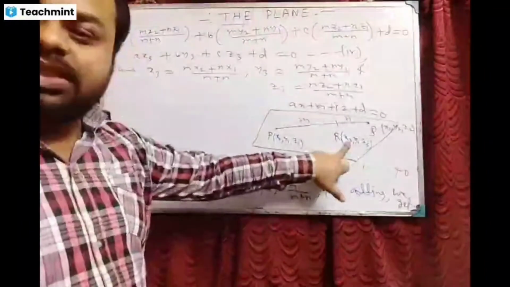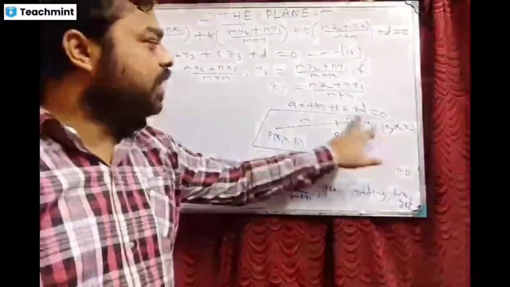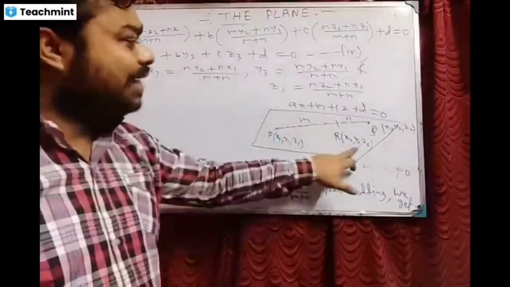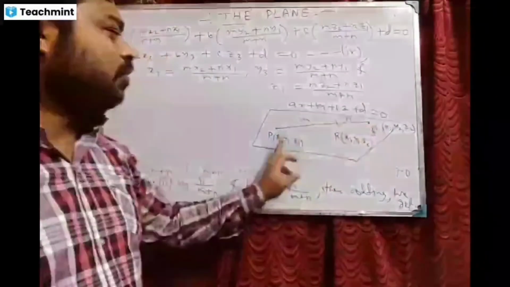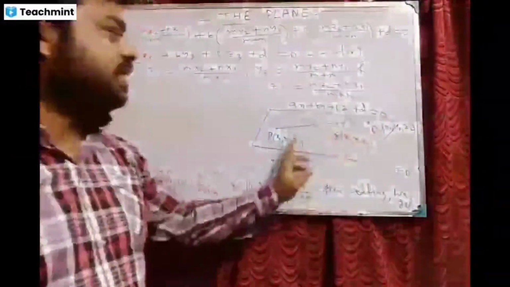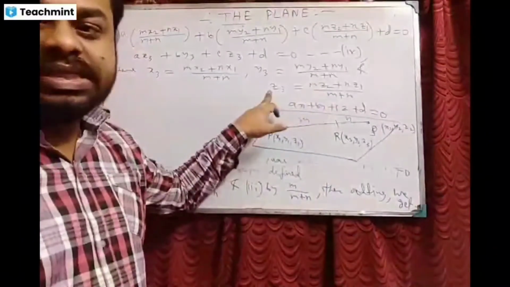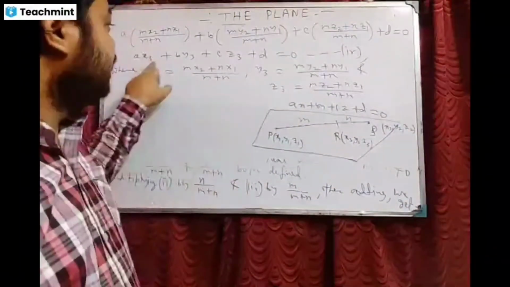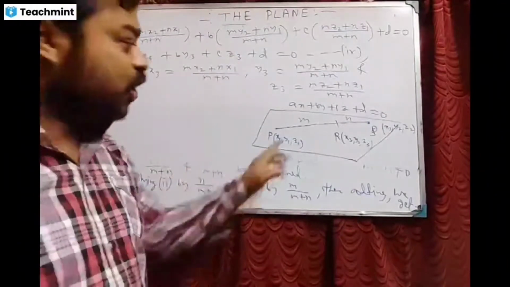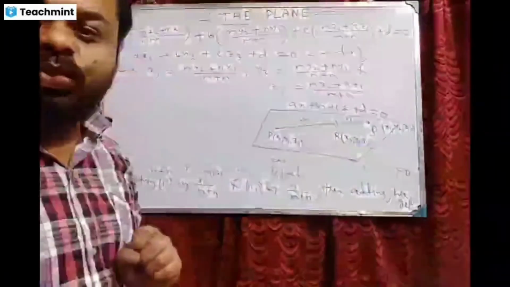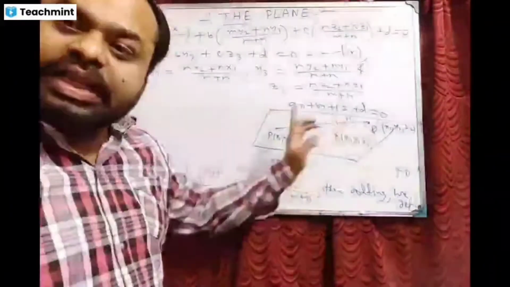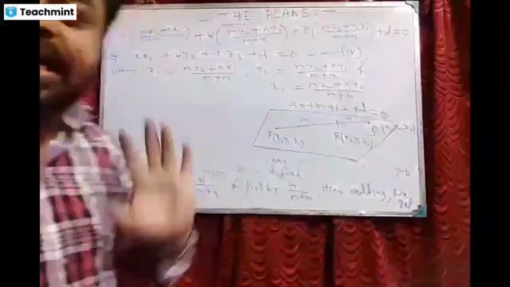Then the coordinate x3 will be (m x2 + n x1)/(m+n), y3 is (m y2 + n y1)/(m+n), and z3 is (m z2 + n z1)/(m+n). That means this x3, y3, z3 is any point on the line joining P and Q, which divides PQ in the ratio m:n internally.